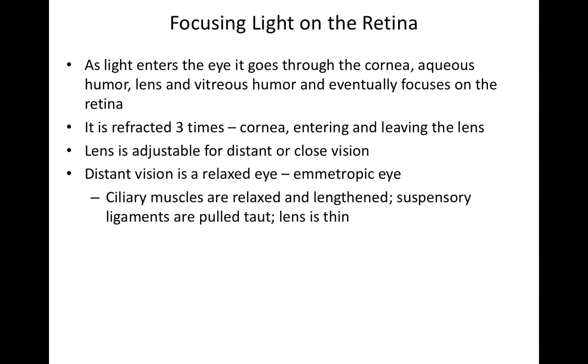So when we talk about distant vision, we're talking about looking at something that is 6 meters away or farther. This is what's called an emmetropic eye. Everything is relaxed. We can stare at a mountain far away from us all day. Our eyes are not going to get tired. The ciliary muscles are relaxed, okay? And that means that they're in their lengthened state.